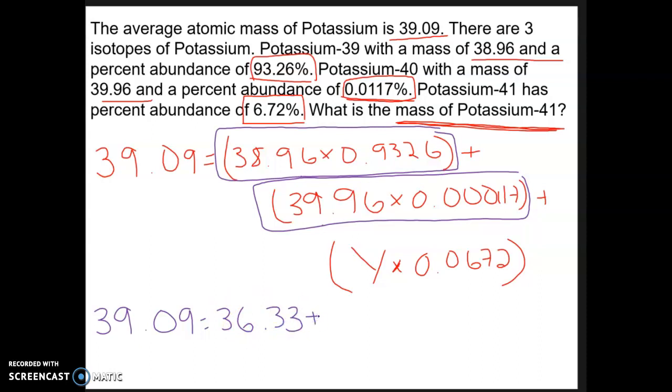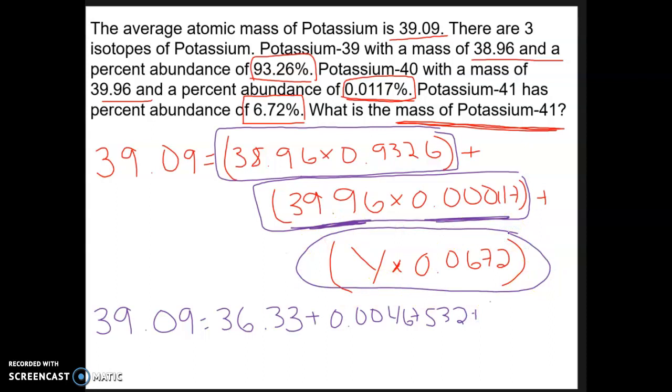Plus, I'm going to multiply my 39 and this number, and that should be really small, and it is, 0.0467532. And then plus, I can't do anything with that, so plus Y times 0.0672.